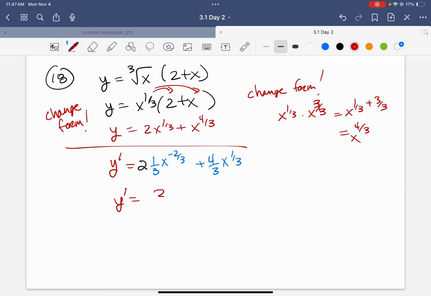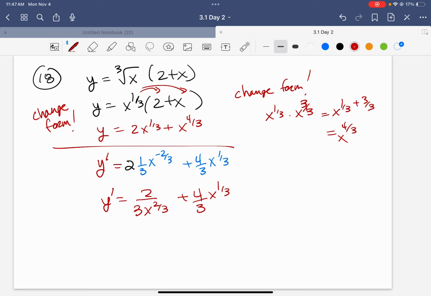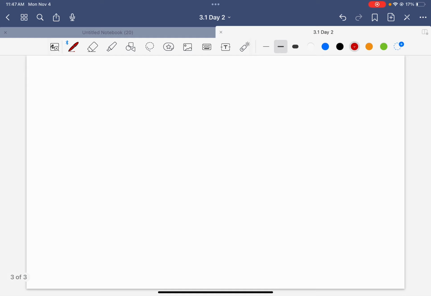So that's going to end up giving you 2 over 3x to the 2/3 plus 4/3 x to the 1/3. Right? So that's 18. Now we're jumping down to 30. So notice we had to change the form before we actually took the derivative. That's something we're going to see a lot.